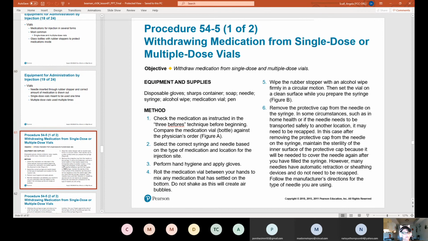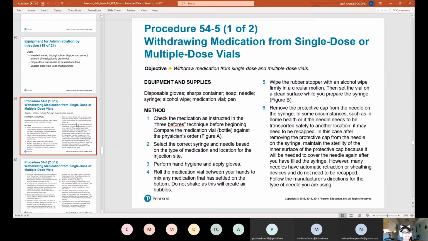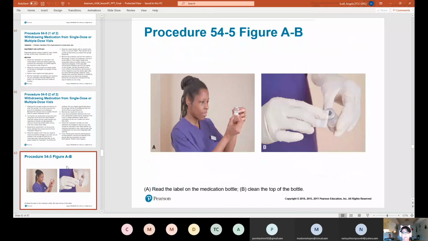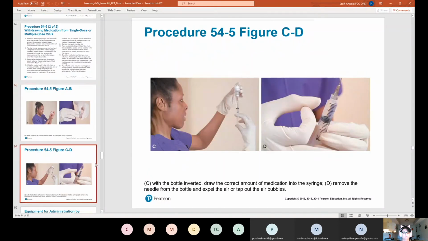It's at 35 minutes, so I'm going to go ahead and leave y'all here. These procedures are what we've been talking about: checking, wiping, withdrawing the medication, removing air bubbles.